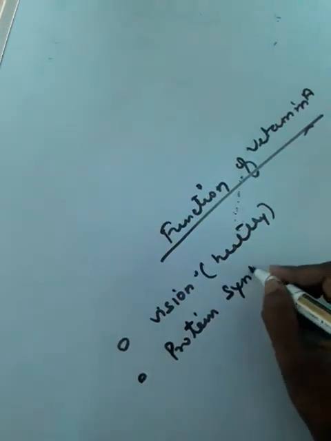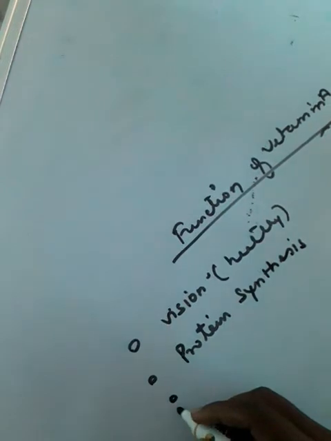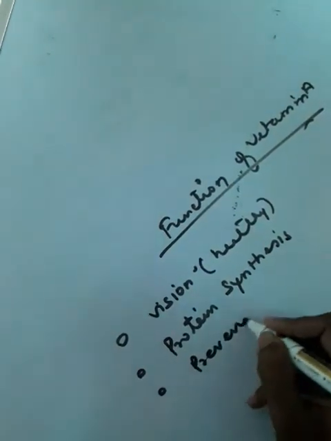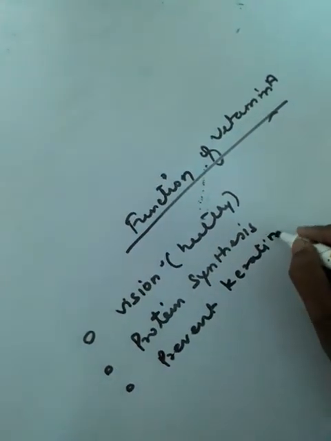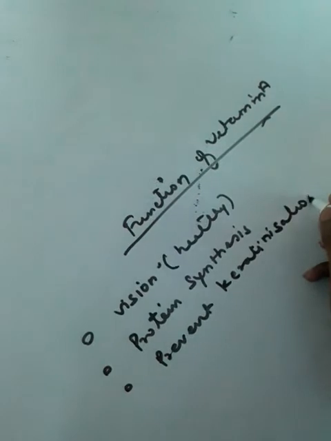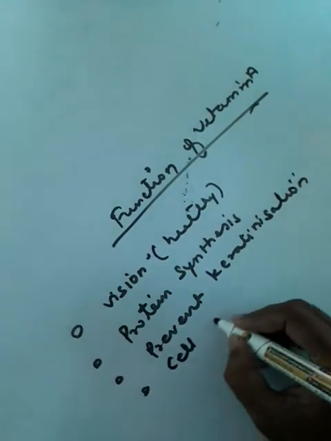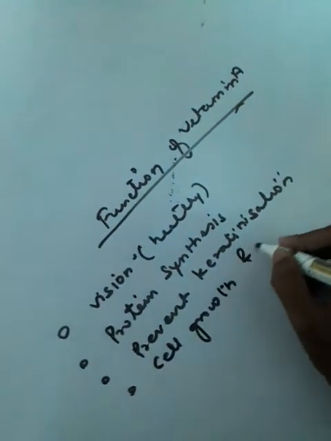The third function is to prevent keratinization. Fourth is cell growth and differentiation.